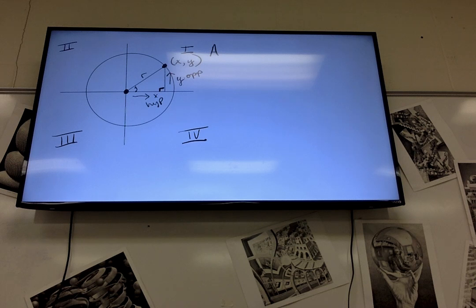If I move it, and I'm going on this side, anywhere in the second quadrant, I have to go to the left x. So that means when I go to the left, my x is going to be negative.